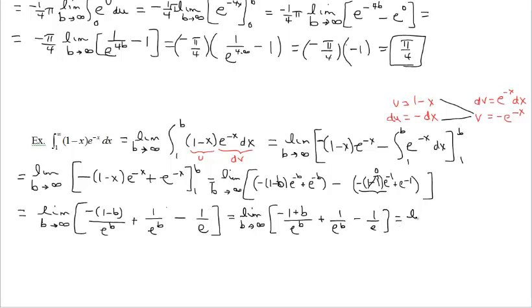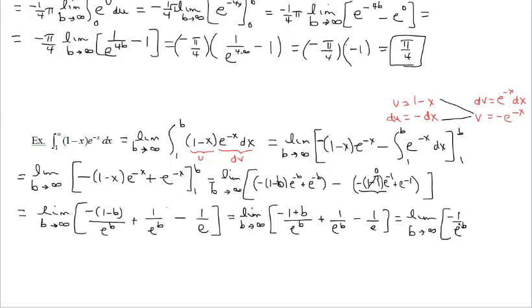Something we can do is take this fraction and separate it into 2 single fractions by putting e to the b under each of these terms. That would be convenient because when I put e to the b under -1, it's going to cancel with this term. So I think I'm going to go that route.